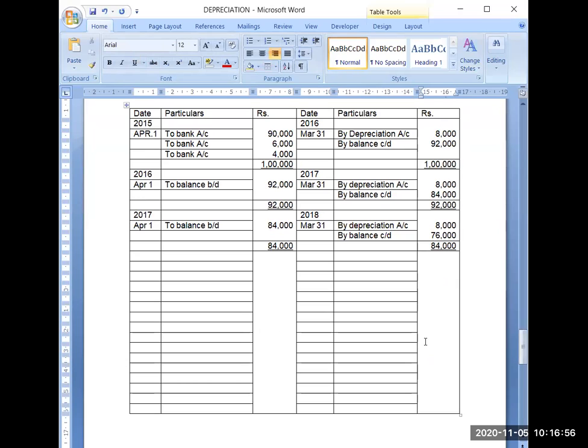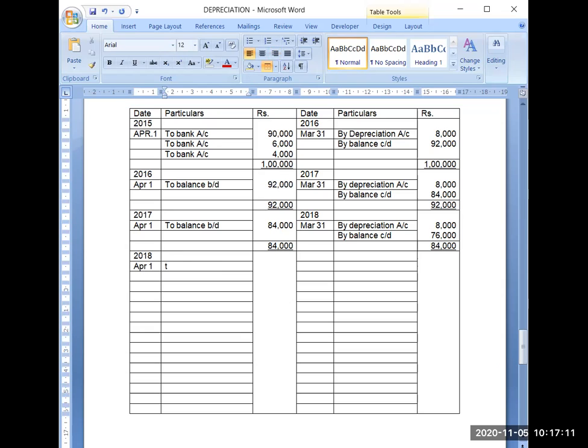Question has asked for 4-year account. Now coming to next financial year 2018-19. Again opening date will be there.